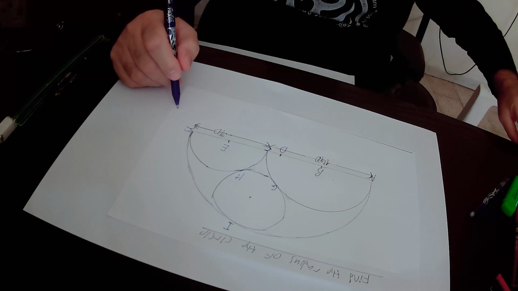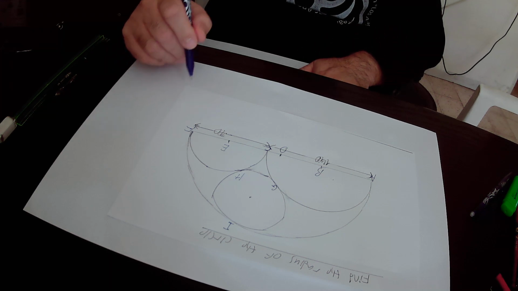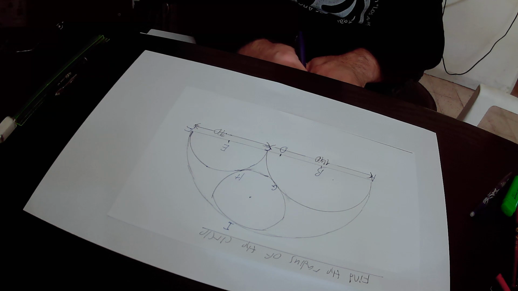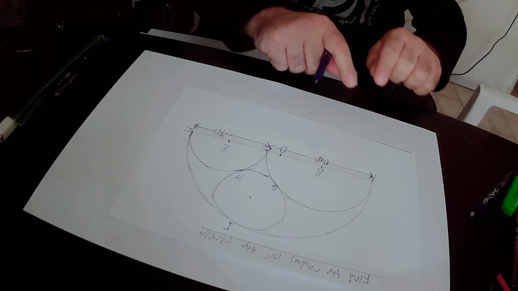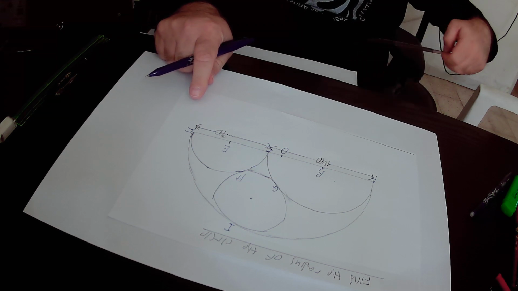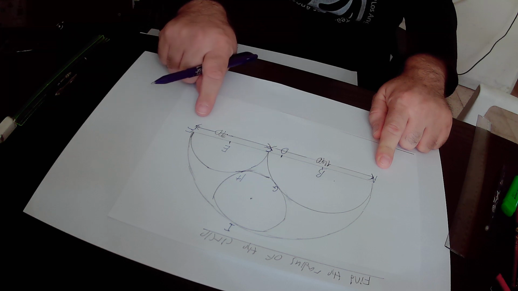Okay, so line segment AF is the diameter of the biggest semicircle.